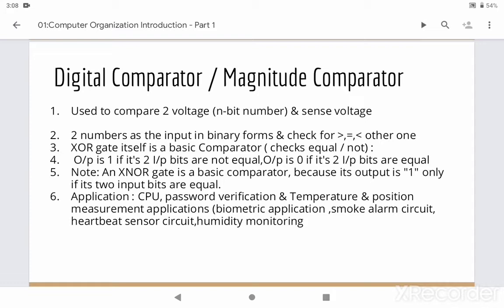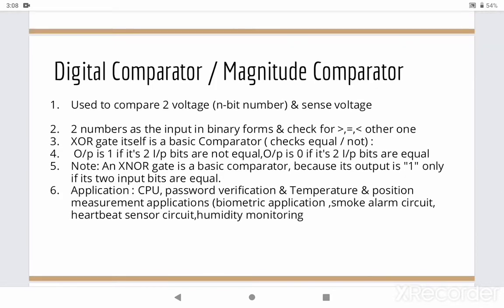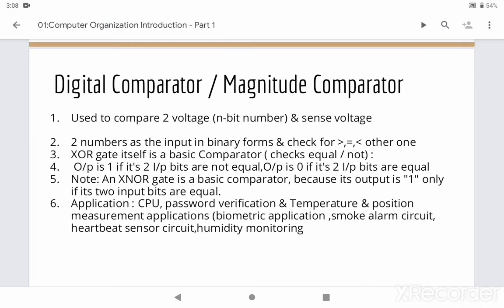Then what are the applications of the digital comparator? Why are we using it? Mainly it is used in the CPU, for password protection, temperature detection, and position measurement. In password verification, we verify the password against the numbers. Then we check temperatures.